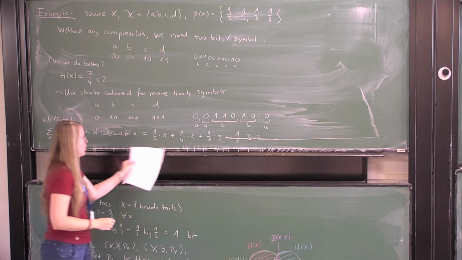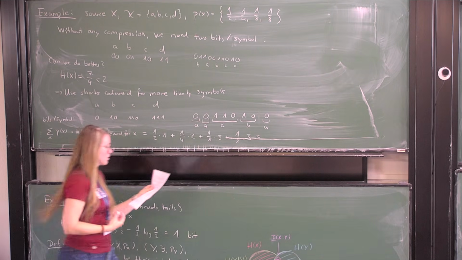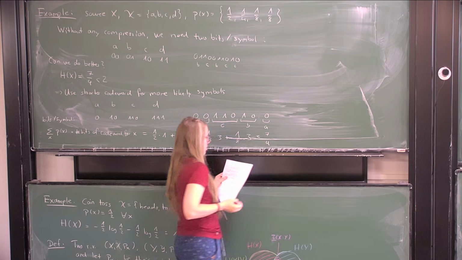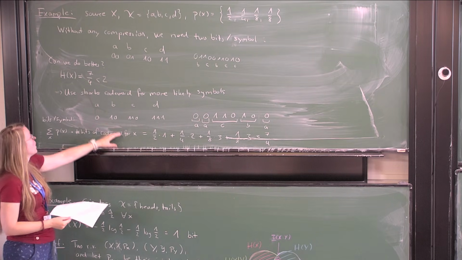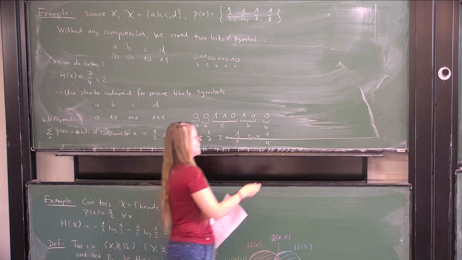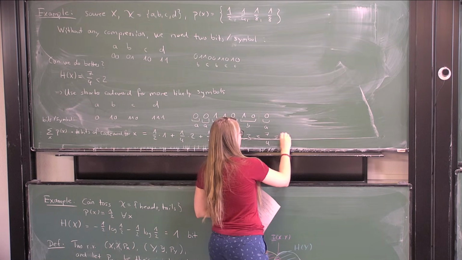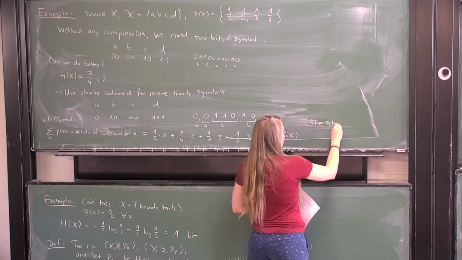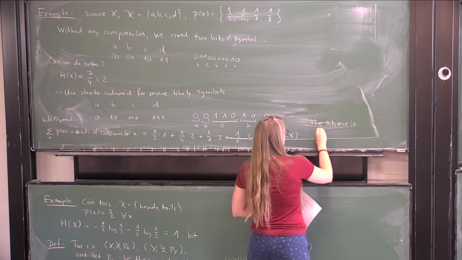If you take all of this and calculate it, what you get is 7/4. This is exactly what we calculated in terms of entropy, so this is already the optimal scheme that we can use.